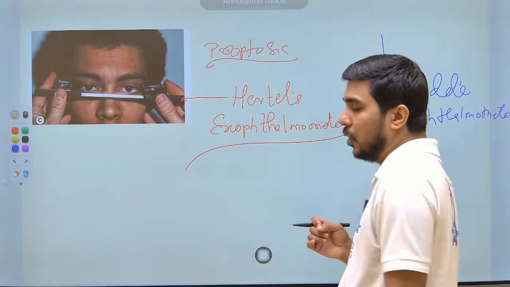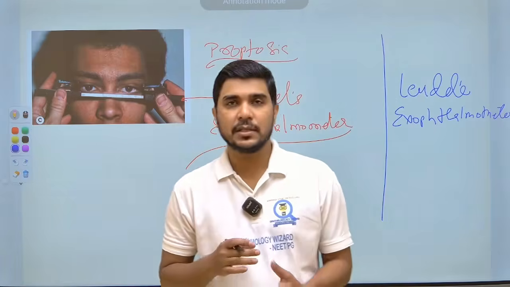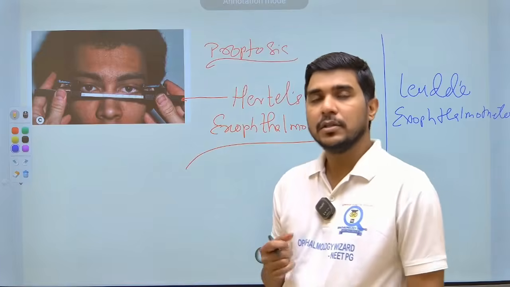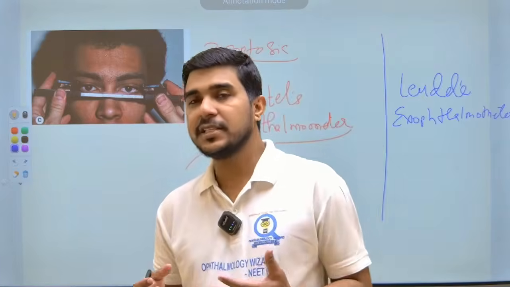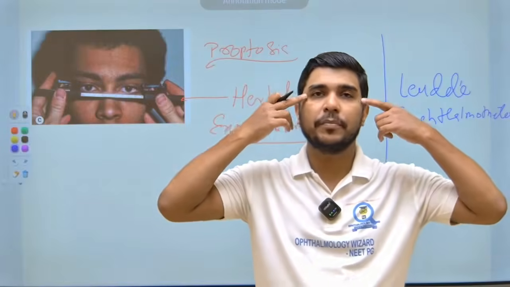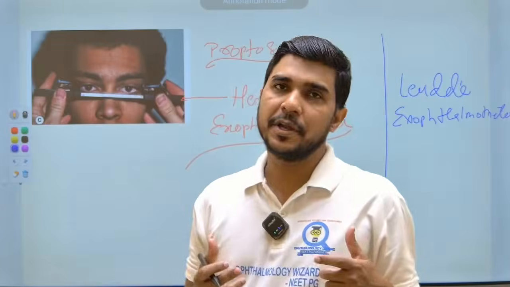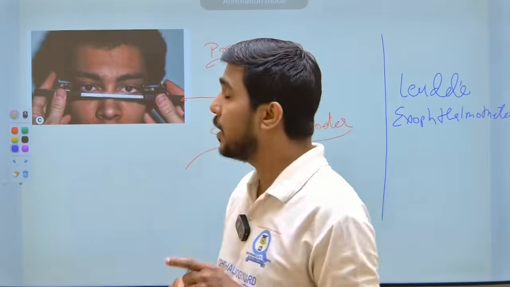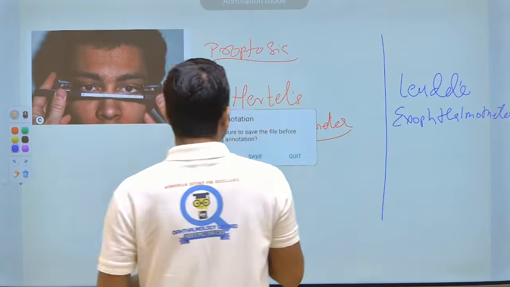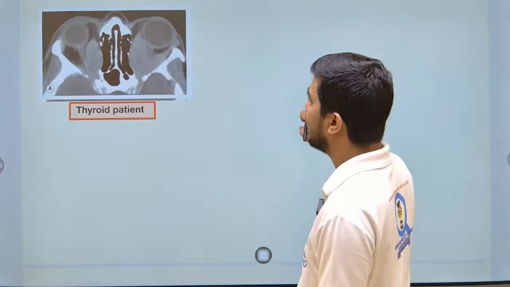Proptosis ये measure करता है if there is a difference of the two eyes, it can measure this. Or singly, if there is an increase in the protrusion of the eyeball from the lateral orbital margin, more than 21 millimeter, it is known as proptosis. Understood? Basically, यहाँ पे आपको इतना समझना है कि this picture is of Hertel's exophthalmometer and nothing else.